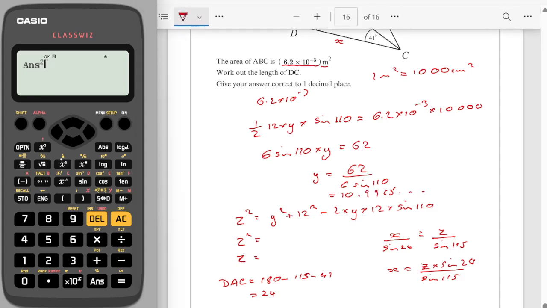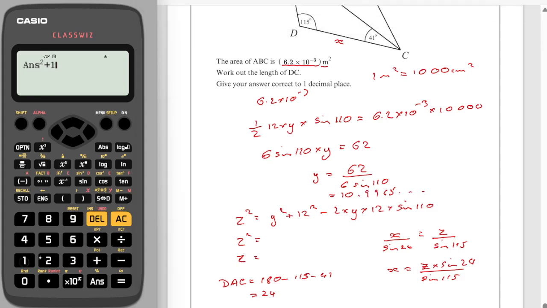So that value squared plus 12 squared minus 2 times the answer that I just worked out times 12 times sine of 110 is going to be equal to... Let's just check I've typed that in right.